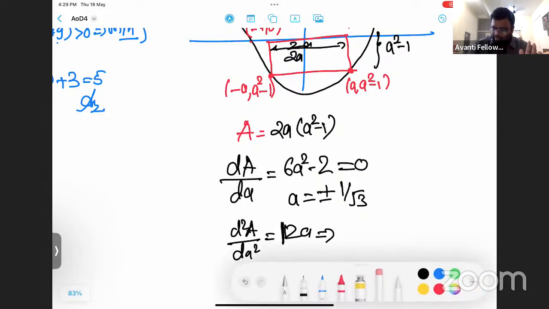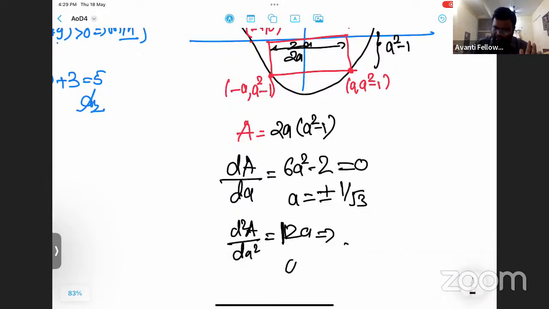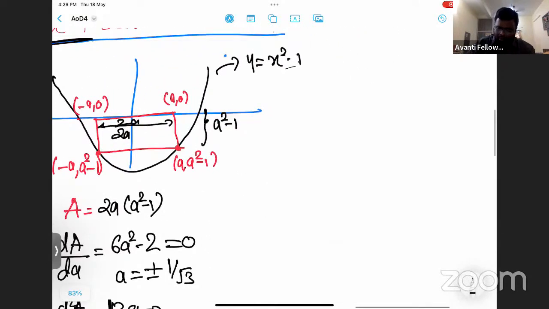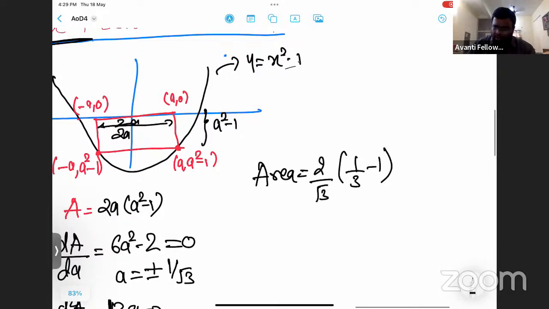Basically, you will get A equal to 1 by root 3 as the value. And the question is asking for the area. So the area will be 2 by root 3 times 1 by 3 minus 1. This will be 4 by 3 root 3, in magnitude.